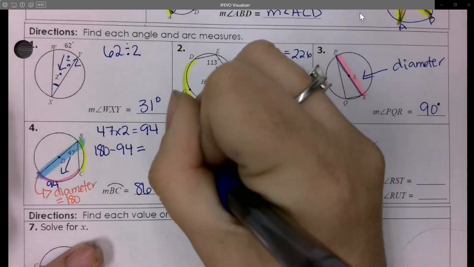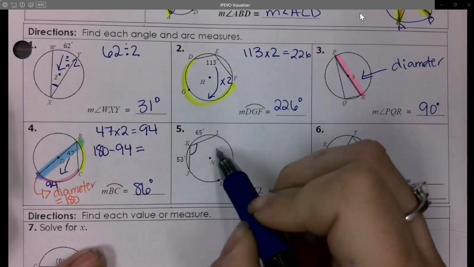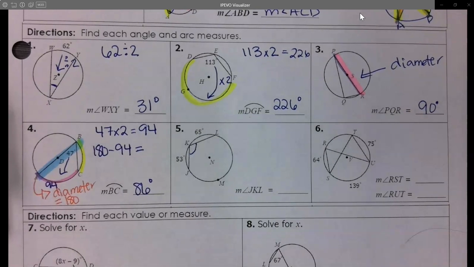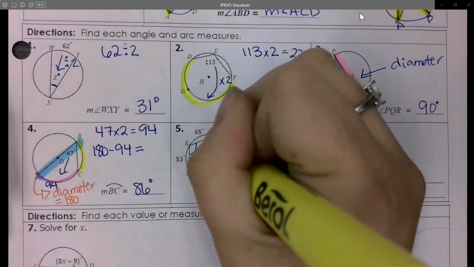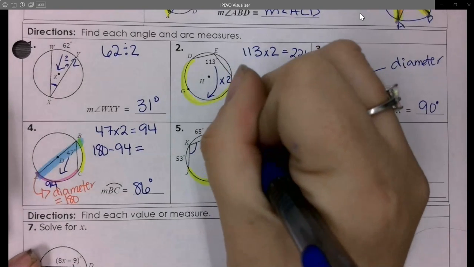Number 5 wants me to find the measure of JKL, so that angle right there. I currently know 2 of my arc lengths, so what I can do is I can find this arc length by taking 360 and subtracting the 2 amounts I know, because they make a full circle.